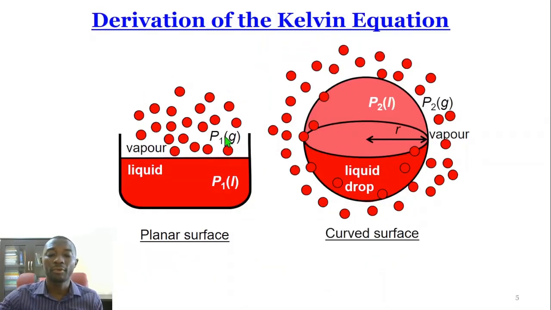Yeah, so progressing to the Kelvin equation, let us take a case of a liquid. It could be water, it could be anything, in say a beaker, and then the same liquid drop resting on some surface that represents our curved surface. This represents our planar surface.